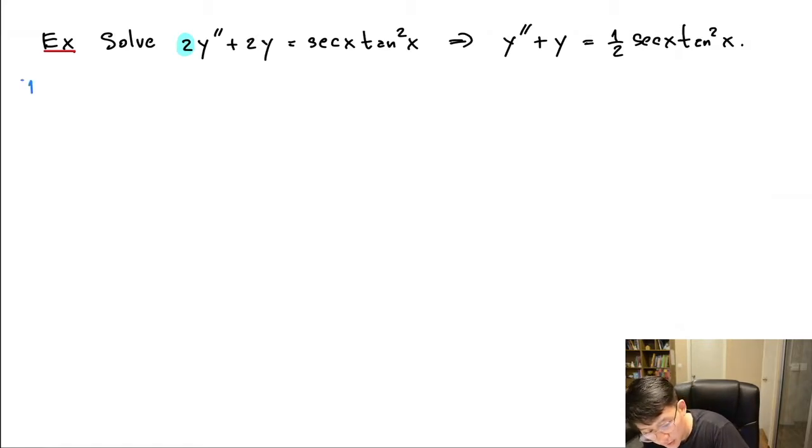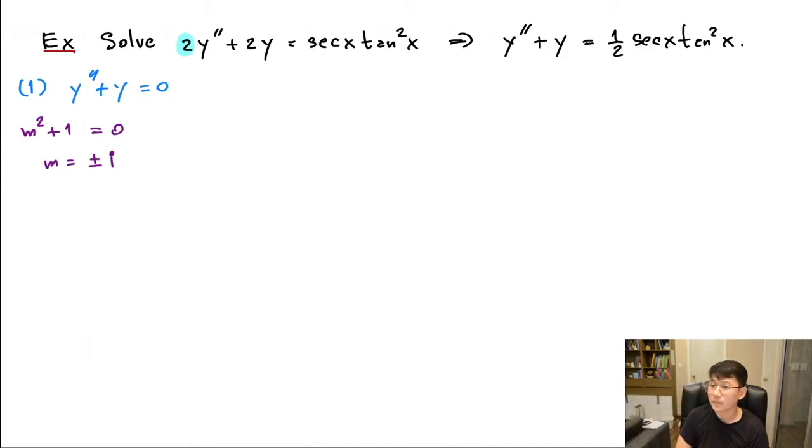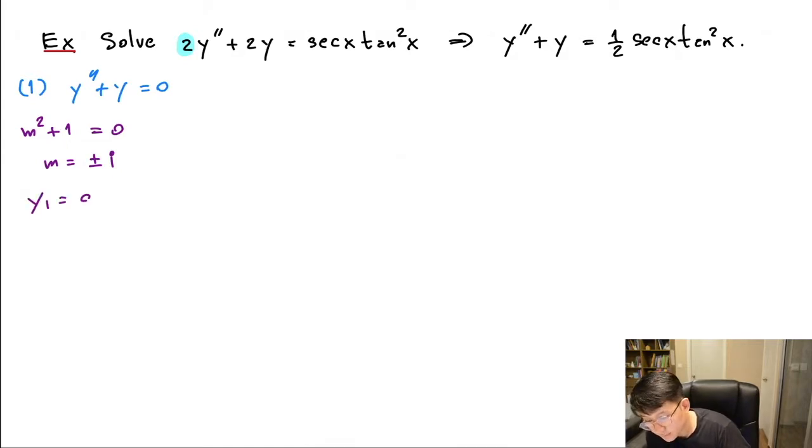First, we look at y double prime plus y equals 0, which means that we have m squared plus 1 equals 0, which means that m is plus or minus i. So y1 is cos x, and y2 is sin x.